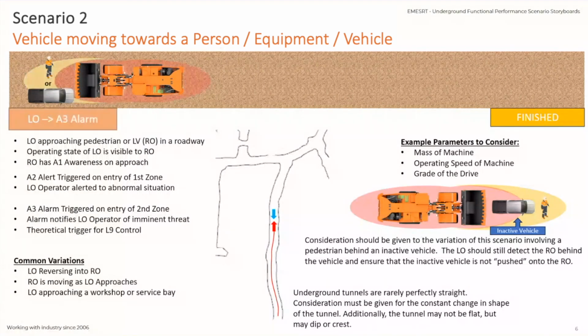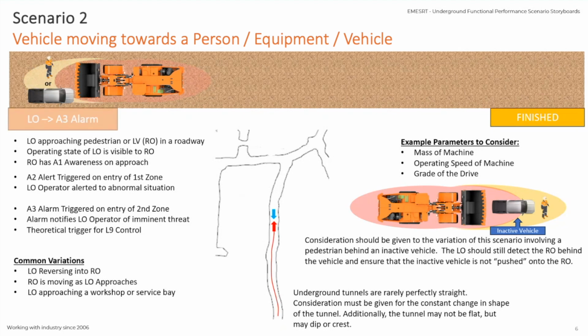So you want to keep it close to where you're making the money as much as possible. So tunnels are rarely straight. They have lots of kinks and dips and turns. They also are not flat, so they might have crests or dips in them to account for dewatering practices and things like that. So that needs to be considered in how we design solutions for this particular scenario.